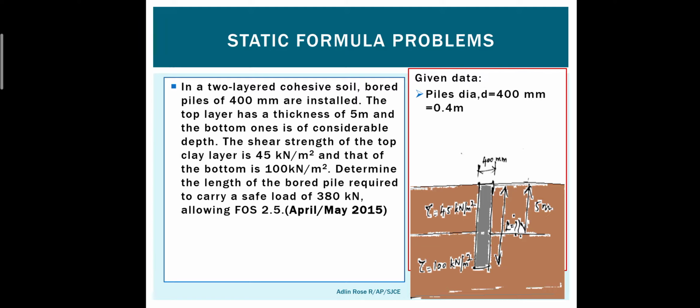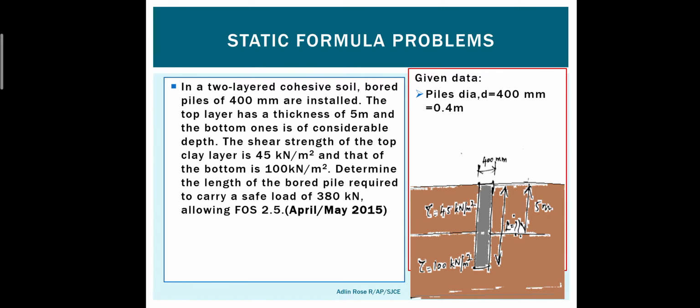So in the top layer it is going to be 45 kilonewton per meter square, and it is equal to cohesion. The shear strength is the cohesion at the top layer. And for the bottom layer it is 100. In the second layer it is going to be 100, but we don't know the depth of the second layer. They have given the shear strength, or the cohesion, of the second layer as 100.